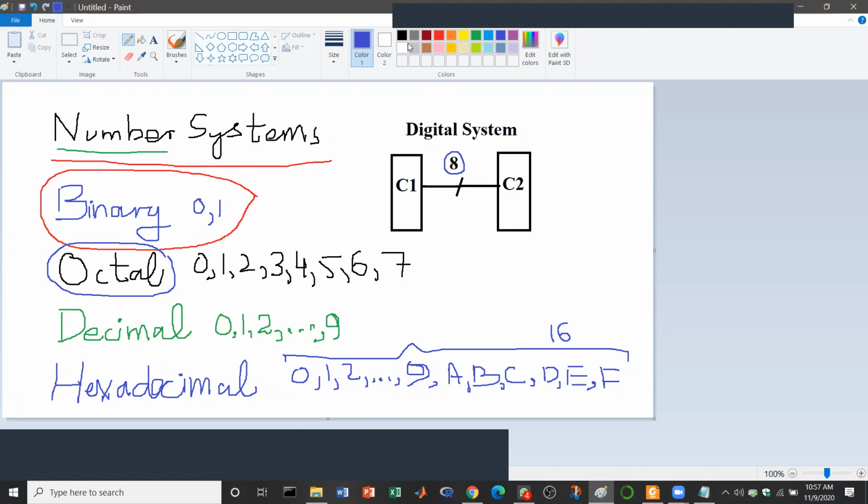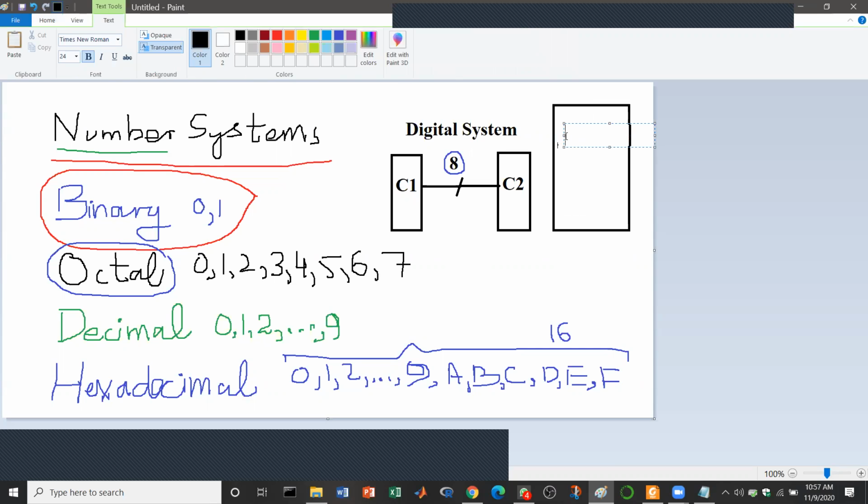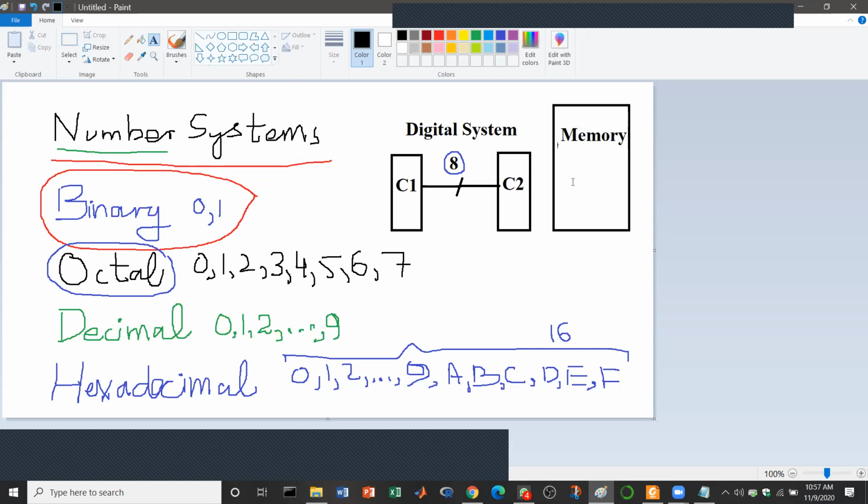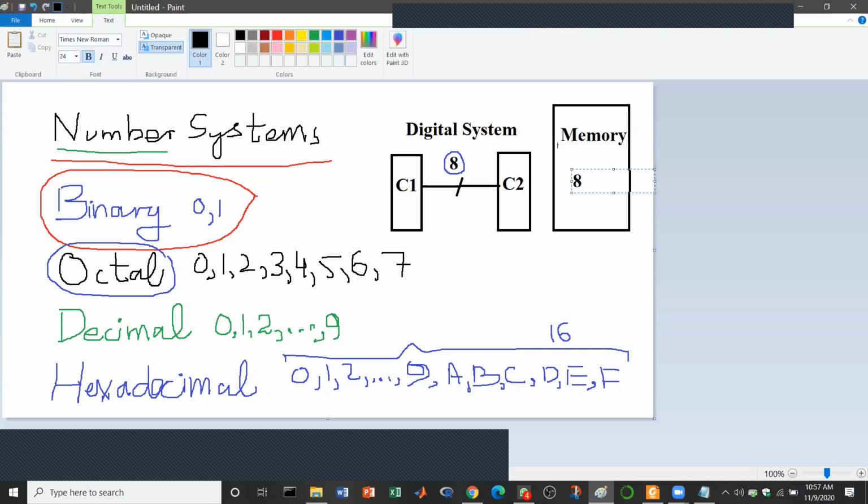And the second important thing is a memory unit. A memory unit inside a digital system has 8 bits of basic storage.